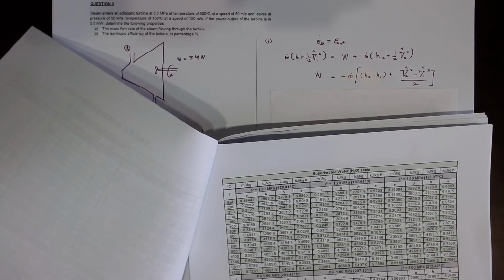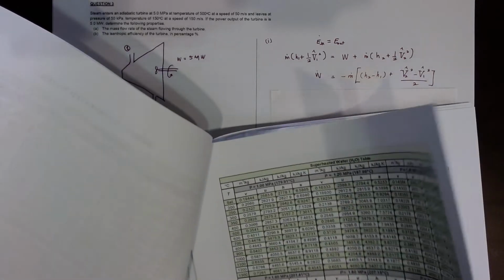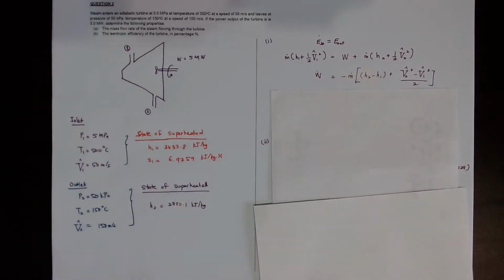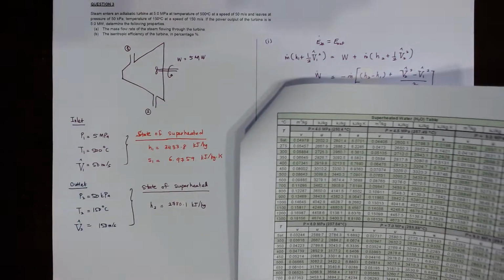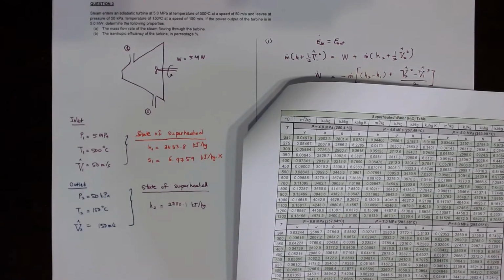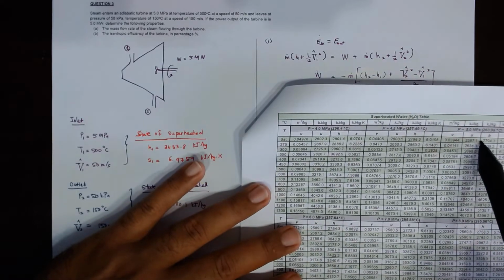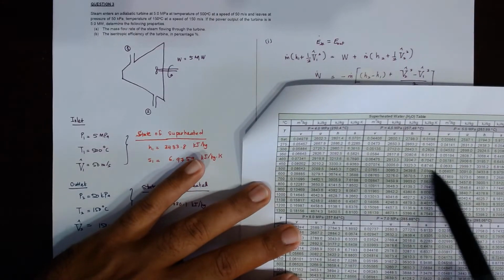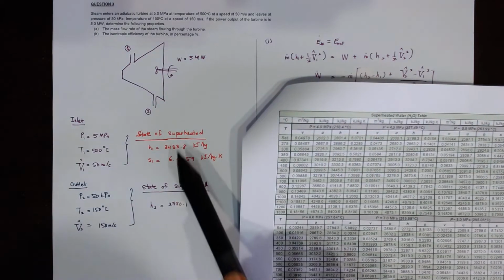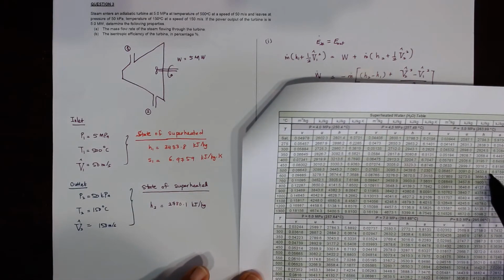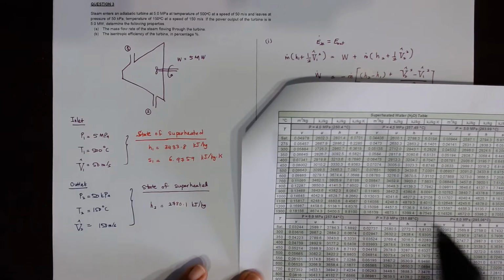So where is 5 megapascal? Here. At 5 megapascal and 500 degrees Celsius, h1 is 3433.8 and s1 is 6.9759.